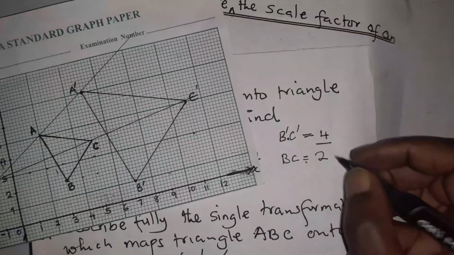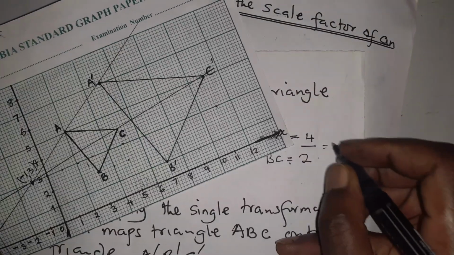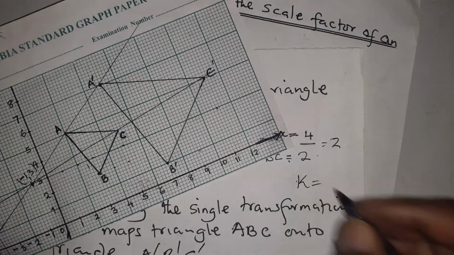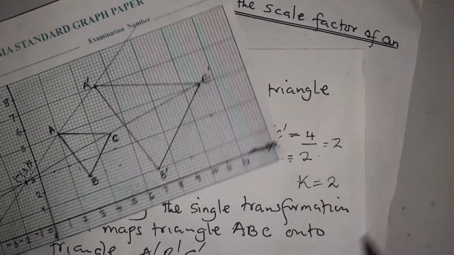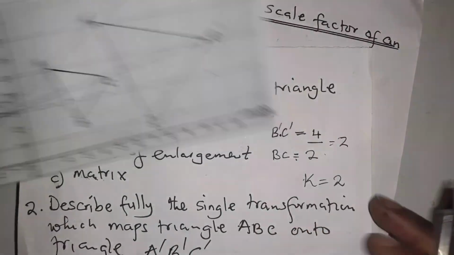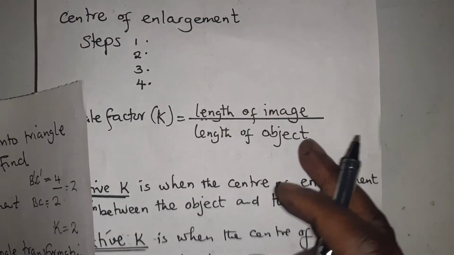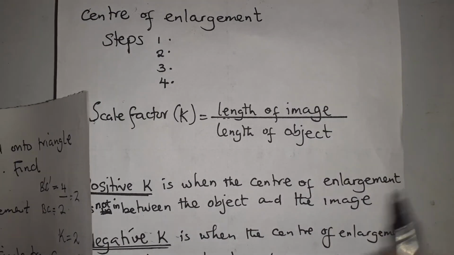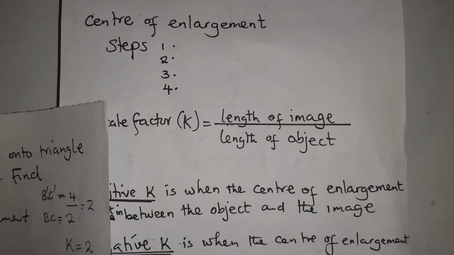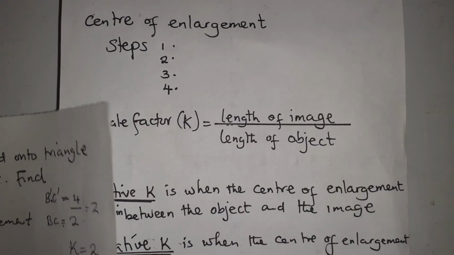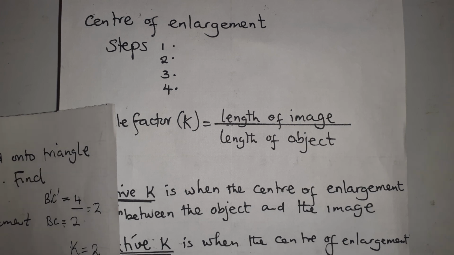So we are going to get a scale factor of 2. So our K, which is scale factor, is 2. That is length of the image over length of the object. I hope that is clear. That is what we do.